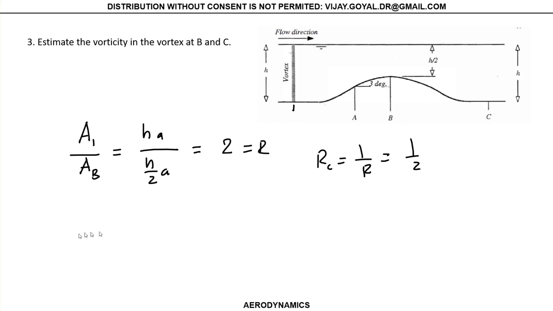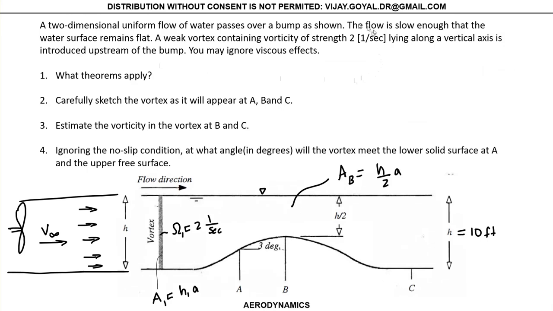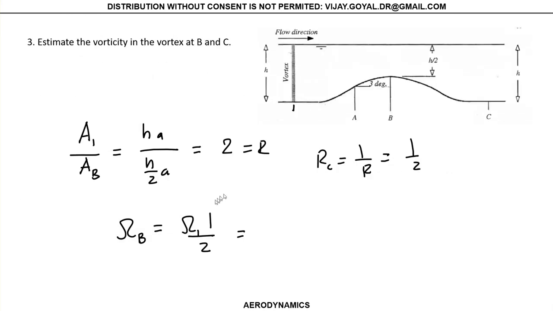So then we know that my vorticity at B will be my initial vorticity at 1 divided by 2. My problem said that that was equal to 2. So the value is 2 divided by 2. That's equal to 1 per second.